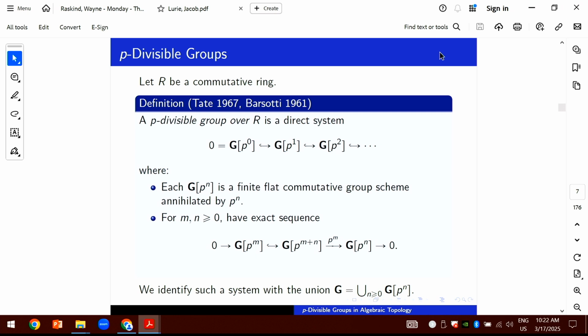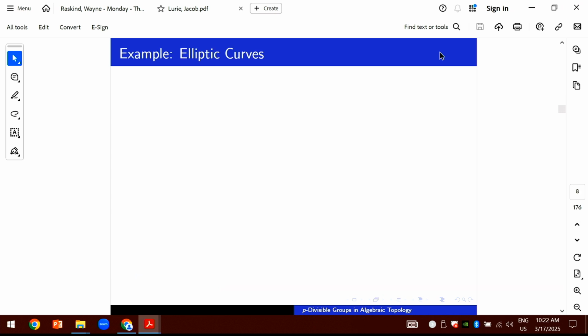And usually I'll write G for the p-divisible group itself, which is the union of these G[p^n]'s as n varies. So let me just give an example. If you have an elliptic curve, you can look at the p^n torsion on that elliptic curve, meaning the kernel of multiplication by p^n.